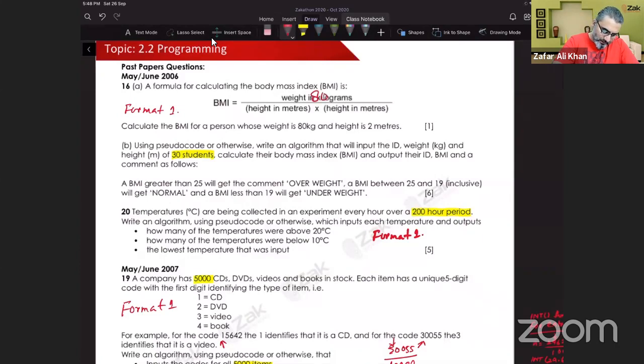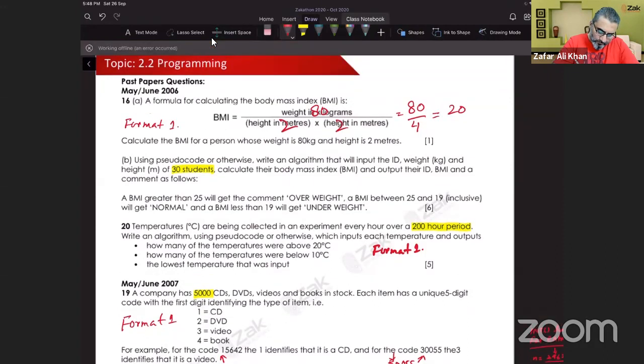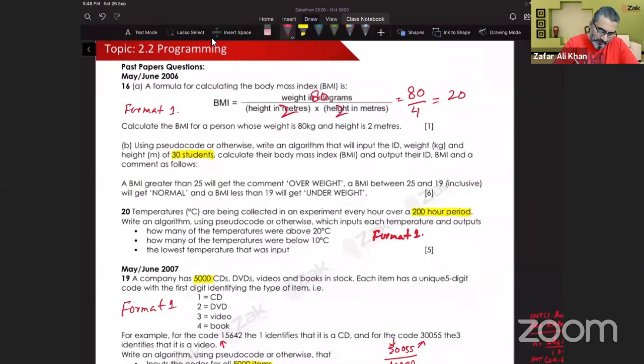So 80 over 2 into 2, that is 4. So that is 20. So what is BMI? 20. So that is how it works.